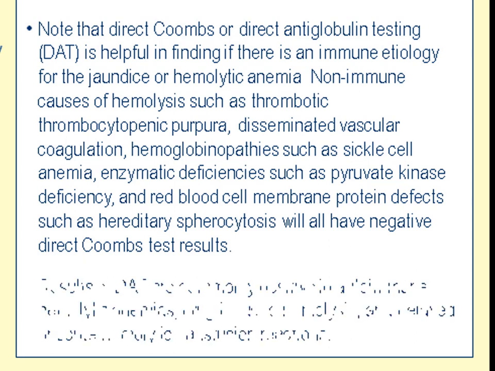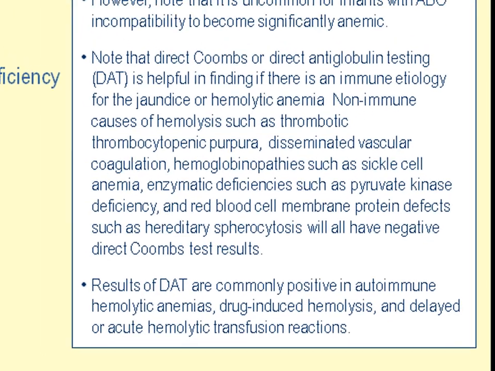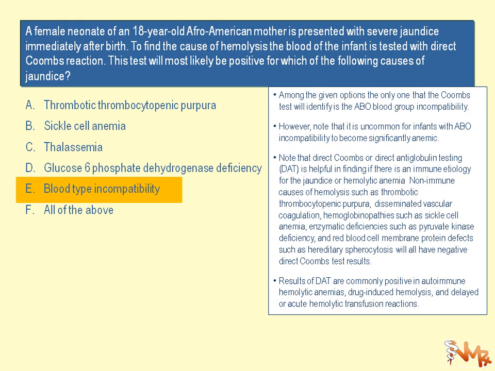Results of DAT tests are commonly positive in autoimmune hemolytic anemias, in drug-induced hemolysis, and in delayed or acute hemolytic transfusion reactions. So those are the most common places wherein the DAT turns out to be positive.